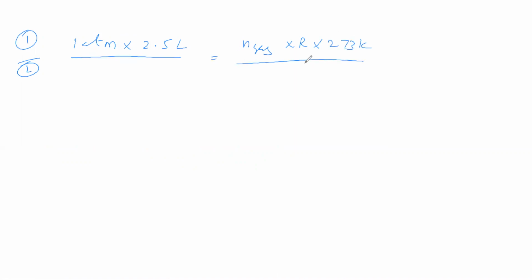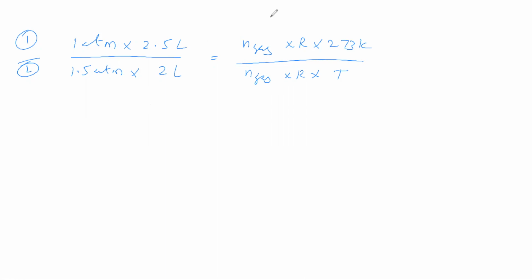In the second equation, the pressure given is 1.5 atmosphere, volume is 2 liter vessel, number of moles of gas, and temperature we have to find. By simplifying this, we will find the temperature.